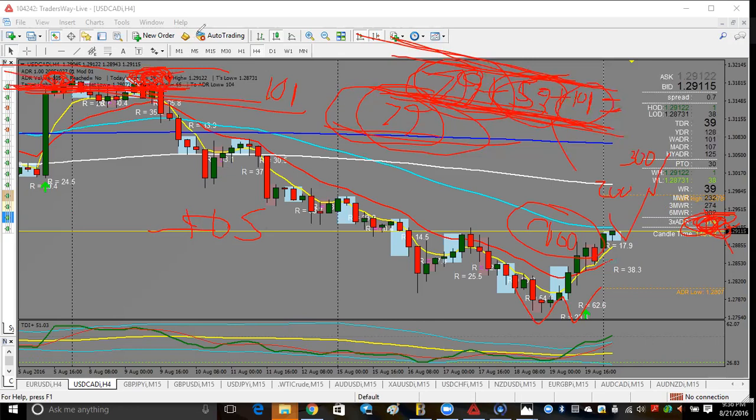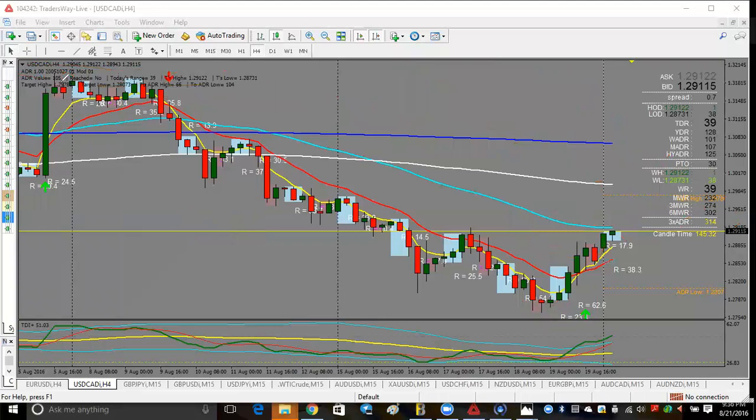Where are you getting these numbers? Are you just counting the pips it moves? Well, these are just examples. Let's just say this was 105 and today's range so far has only moved 39 pips.